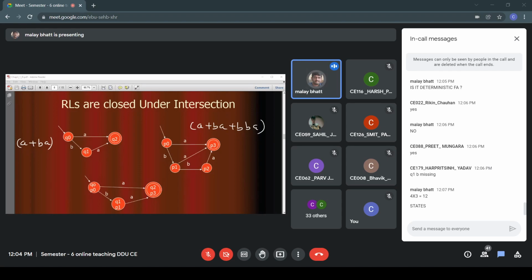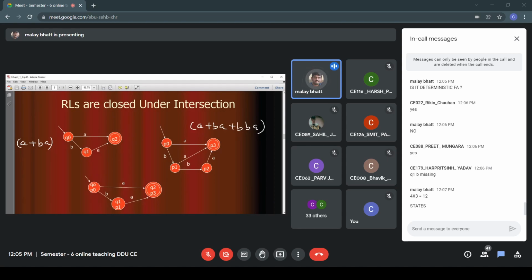Similarly, from P0, Q0 on input B, we are going to the P1, Q1 state. Now from P1, Q1 on input A, we are going to Q2, P3.